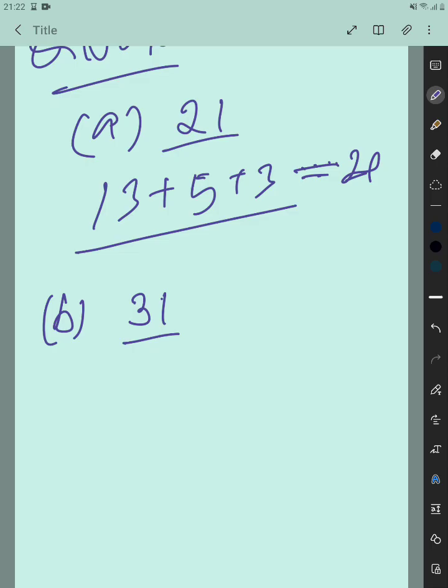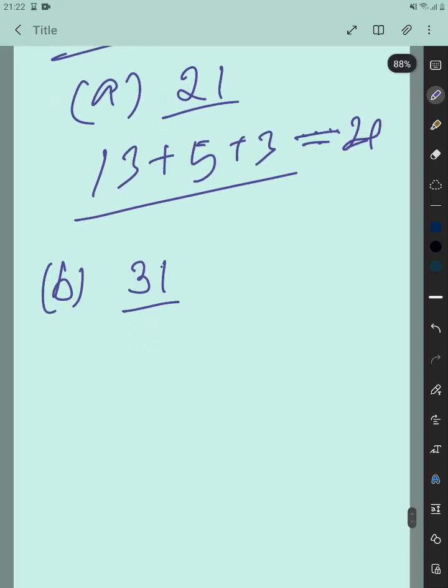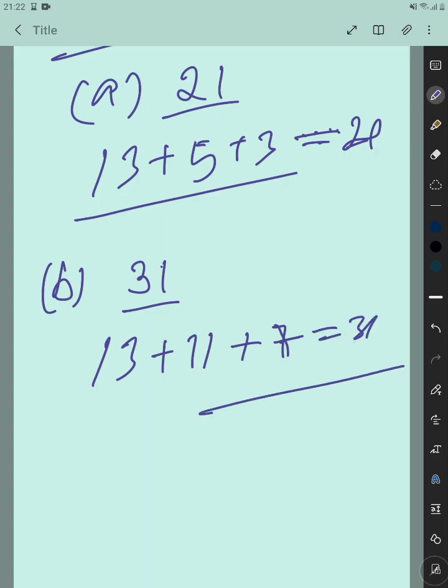If we take 17 and 5, then it's 22, and the remaining is 9, so it will not fit. So we'll not take 17, we'll take some other number. Let's take 13 and 11. It will be 24, okay, it's good. So you take 13 plus 11, and now 7. Perfect. So it will be 31. This is the answer.